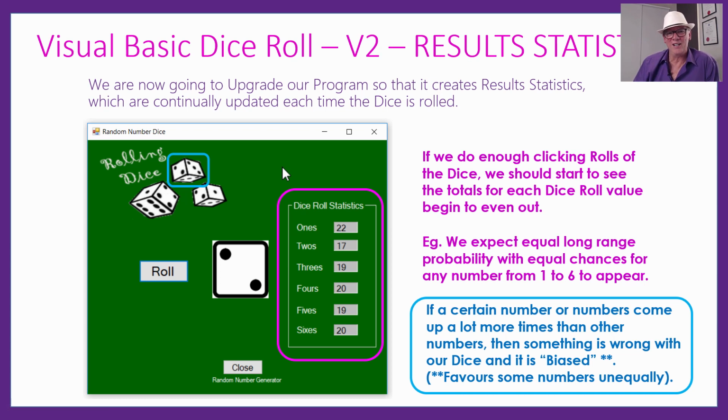You'd get a lot of 3s because we've got an extra 3 on there, and maybe we're missing one of these numbers. And so 5s would never come up because we actually just rubbed out the 2 dots and turned a 5 into a 3. All right, so these statistics will show whether our dice program is biased or not. So that's the whole idea here.